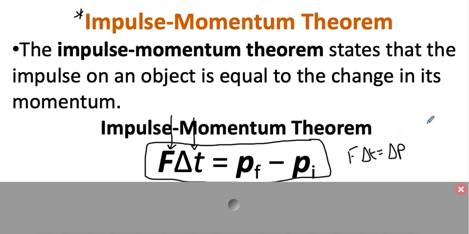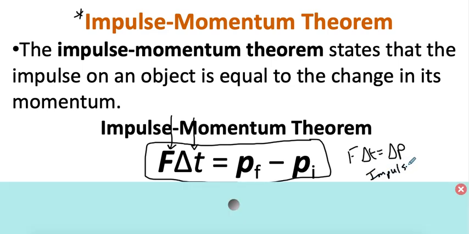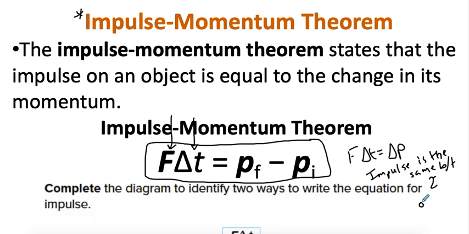Now, if we talk about collisions, we're going to get to that eventually, but with collisions, impulse is the same between two objects. That's going to be an interesting piece once we talk about collisions, but impulse is always the same in a certain scenario.